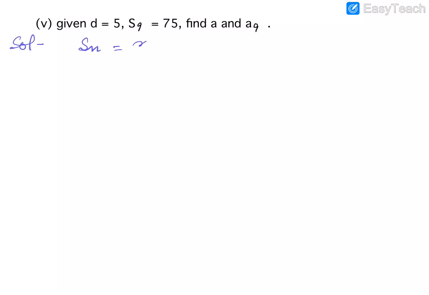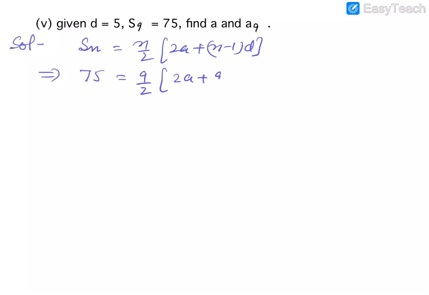Using the formula Sn is equal to n by 2 into 2a plus n minus 1 into d, we have here n is 9 and S9 is 75. So this is 75, then n is 9, 9 by 2, 2a plus 9 minus 1 and d is 5. 2a plus 8 into 5 is 40.